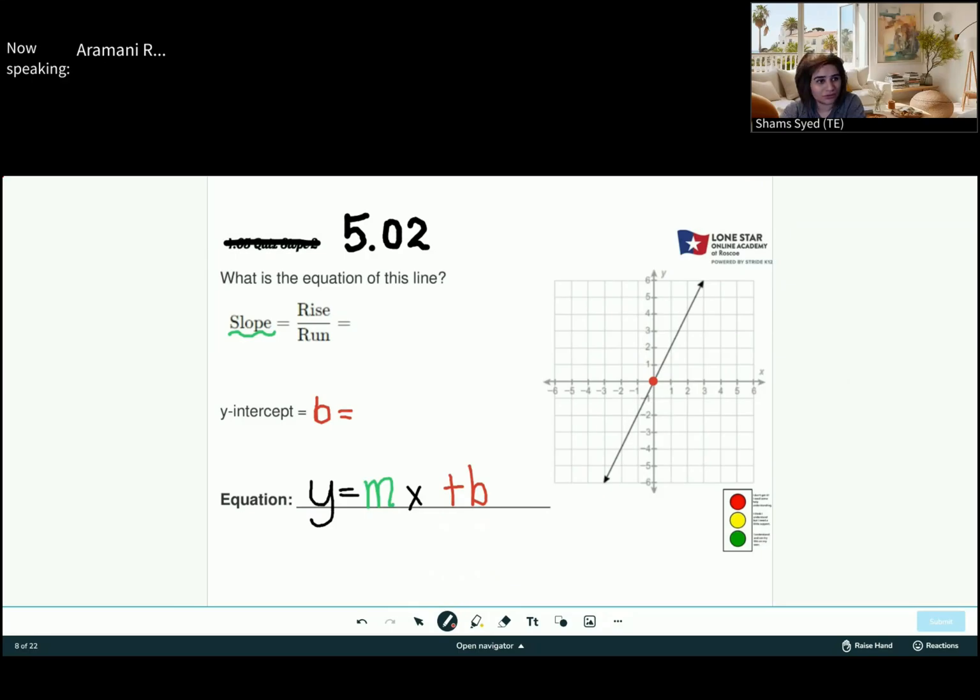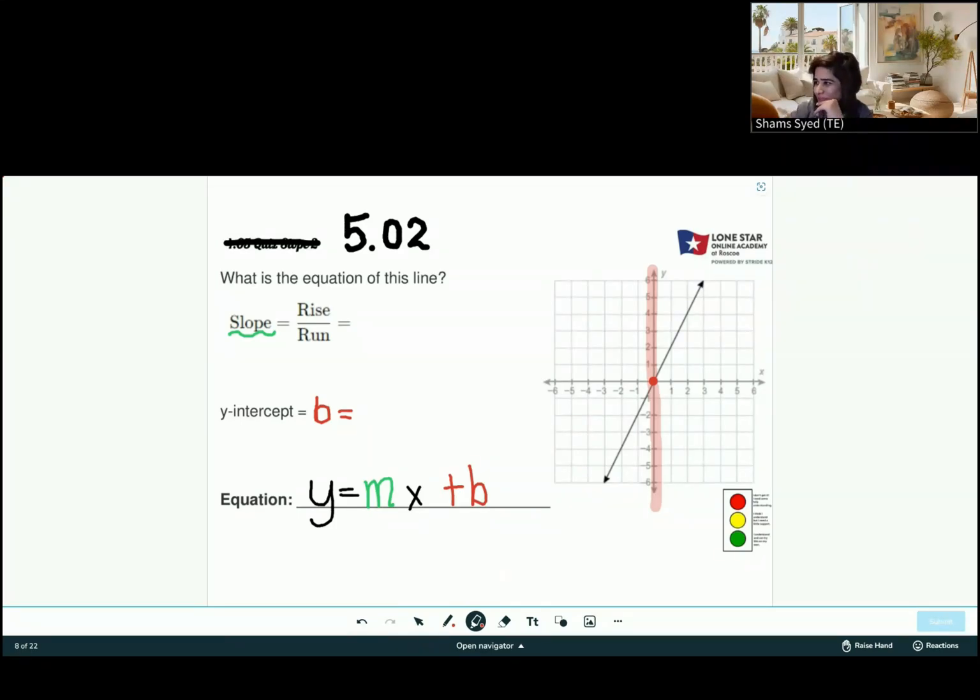Can you put a red dot on your slide to show me where it is? Oh, I see it. Armani, whenever you want a y-intercept, it is always going to be on the y-axis. It cannot be away from the y-axis. It's going to lie on the y-axis. Where does the graph meet the y-axis? Got it, Armani?